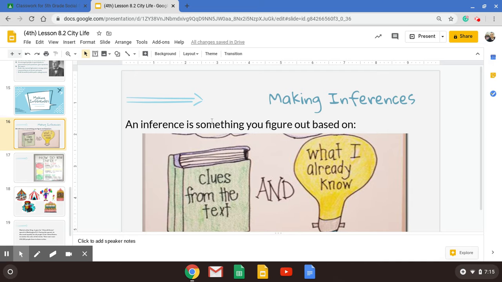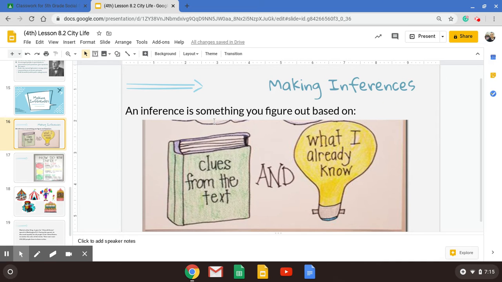An inference is something that you figure out based on, number one, clues from the text. So, you look for clues.